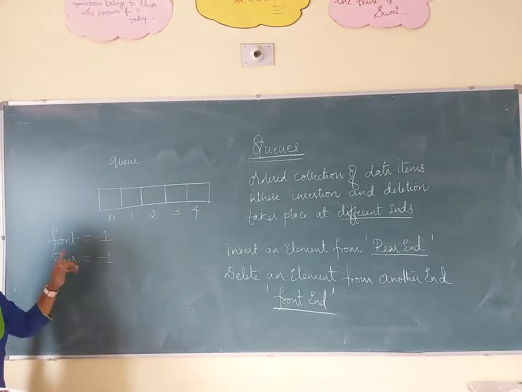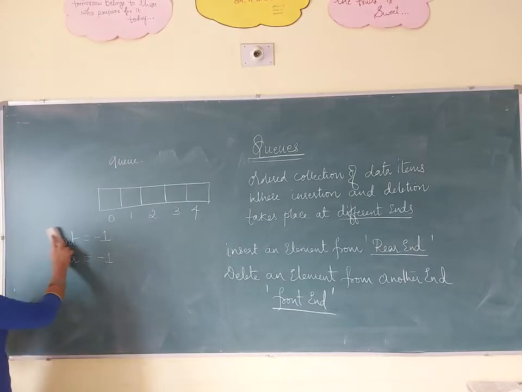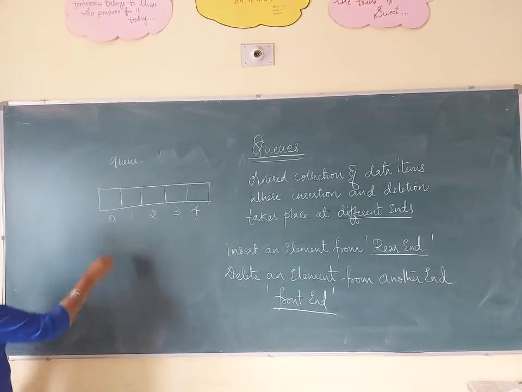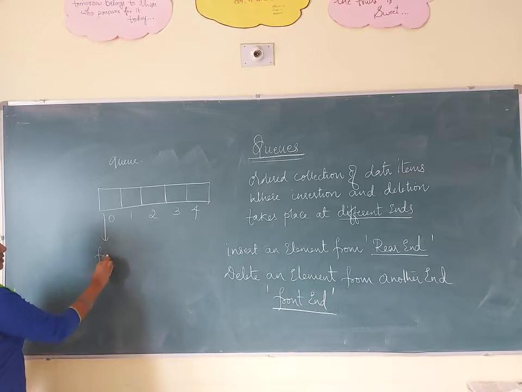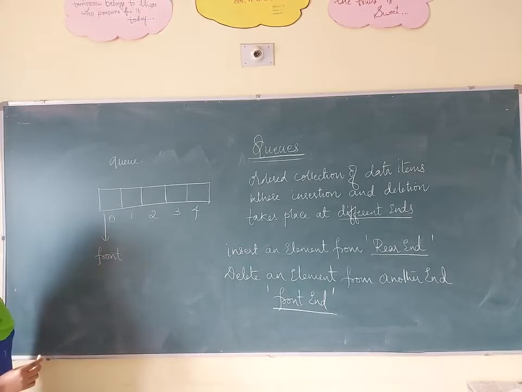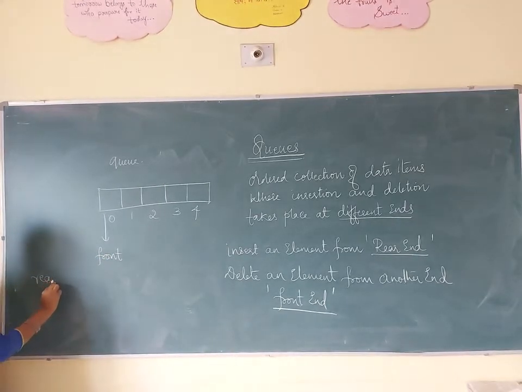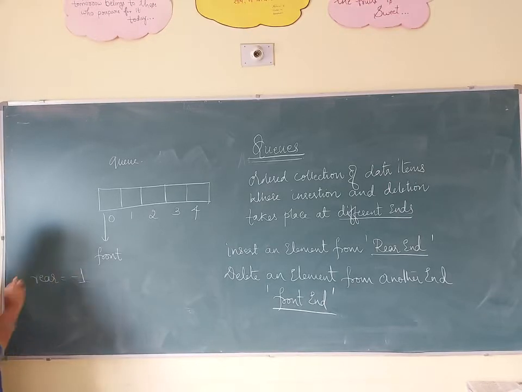It indicates that queue is empty. Now what you have to do? Assume that front is pointing to 0 and rear is pointing to -1. So I want to insert an item 10.